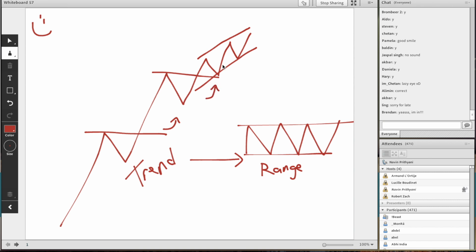But in a channel, it goes below support equals resistance, and we think, oh, if it's below, it must be a sell, but in actuality, it's in the channel, so it's still a buy. But we won't know that if we don't understand the different styles of the market. Correct? So everyone understand these little phases?